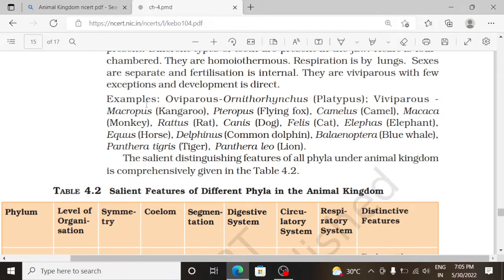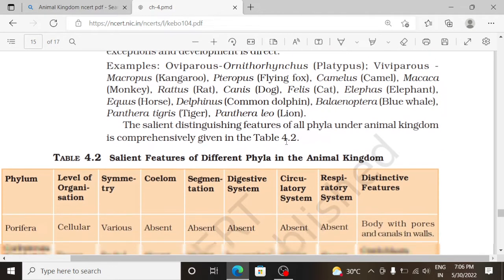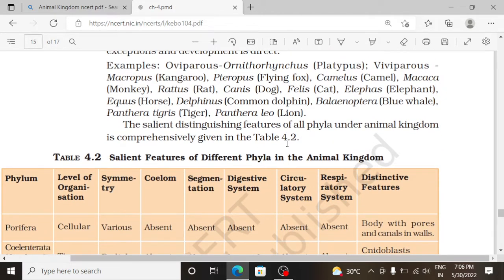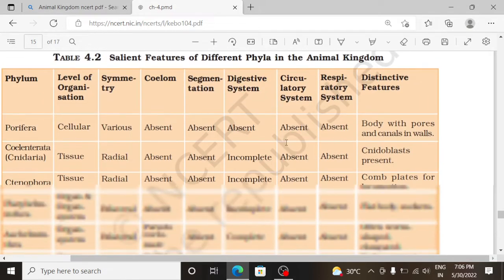Viviparous, Macropus, kangaroo; Pteropus, flying fox; Camelus, camel; Macaca, monkey; Rattus, rat; Canis, dog; Felis, cat; Elephas, elephant; Equus, horse; Delphinus, common dolphin; Balaenoptera, blue whale; Panthera tigris, tiger; Panthera leo, lion. The salient distinguishing features of all phyla under animal kingdom are comprehensively given in Table 4.2.